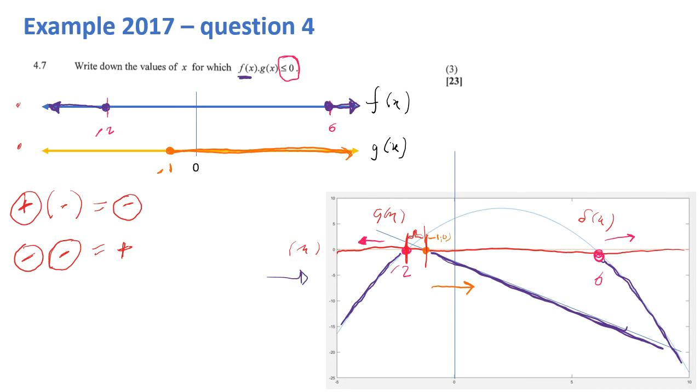So for points overlapping on these two number lines, that's where this function is negative or 0, and that's where the g(x) function is 0, over here. But where they overlap, in this region, we're going to multiply two negative values, and then they're positive again.